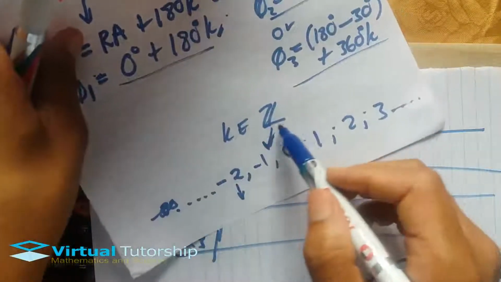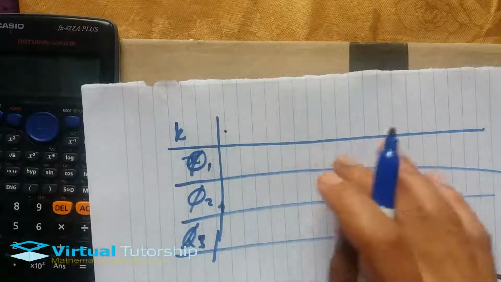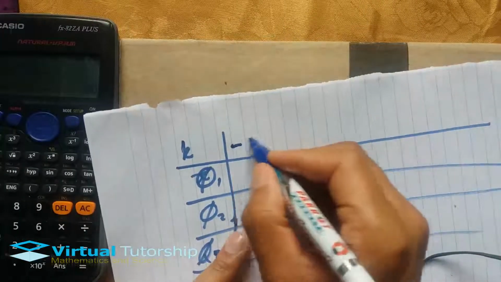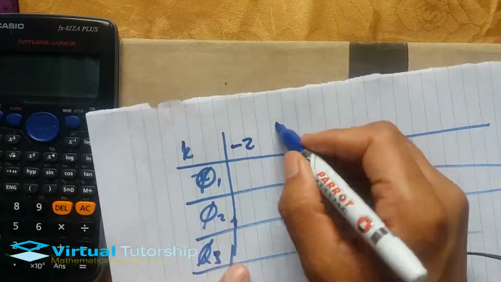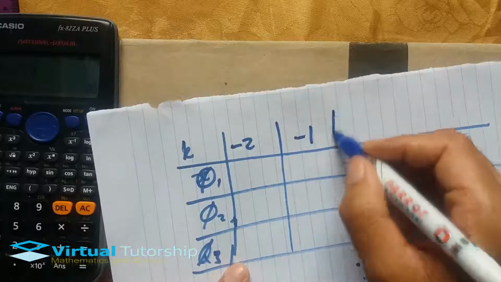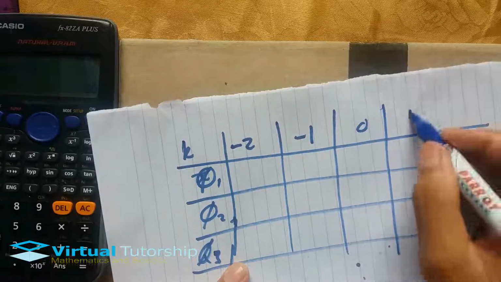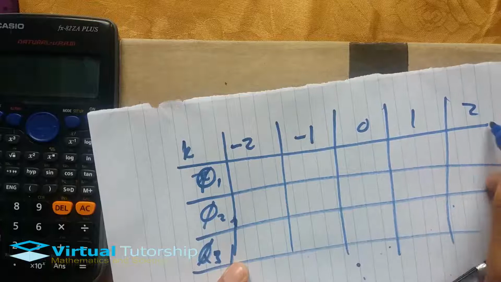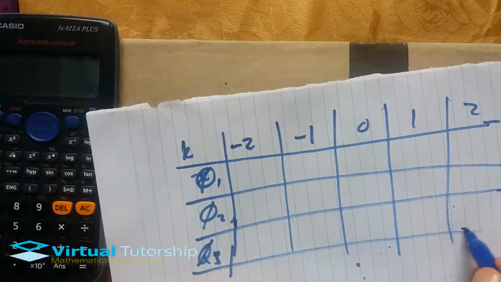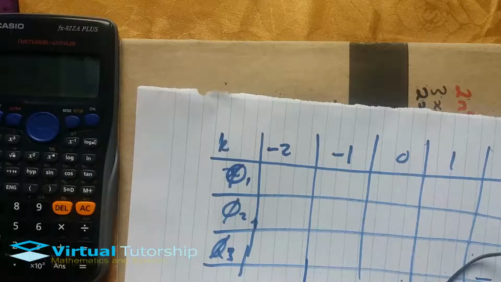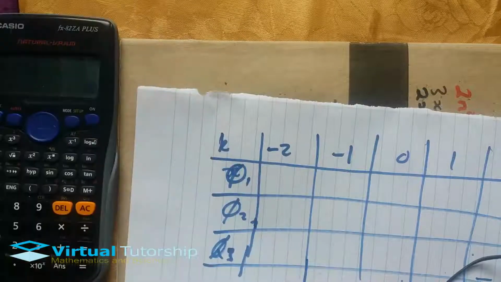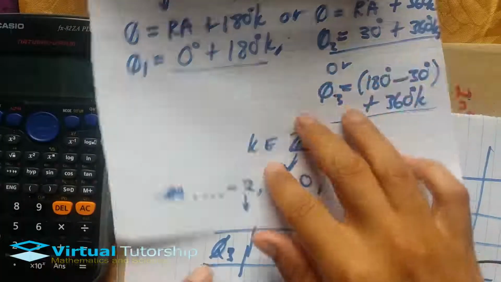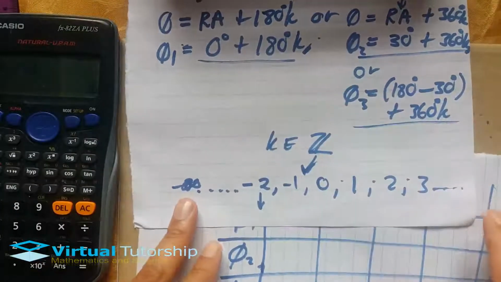Okay is an element of what? Of integers. So asebenzise okay, asicale substitute ukusuka ku-minus 2, sifake u-minus 1, sifake u-0, sifake u-1, sifake no-2, ne?